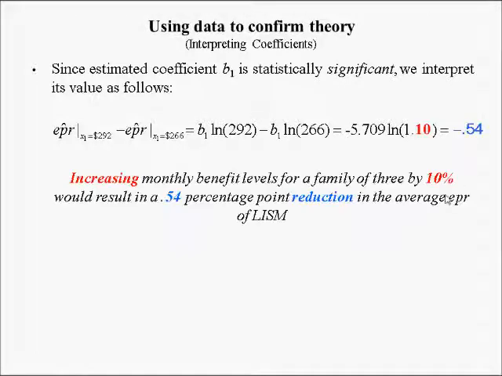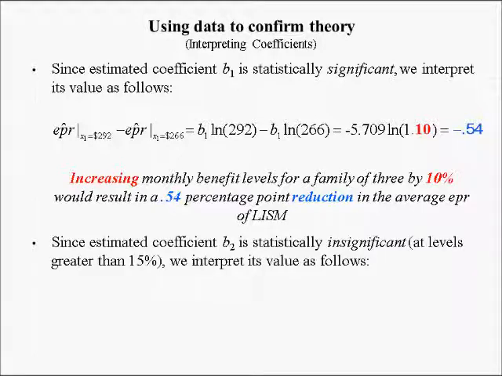What does that mean? Well, increasing monthly benefit levels for a family of 3 by 10% would result in a 0.54 percentage point reduction in the average employment population ratio of low-income single mothers. So that agrees with our theory. Our theory said, you raise this benefit, you're going to get less work.